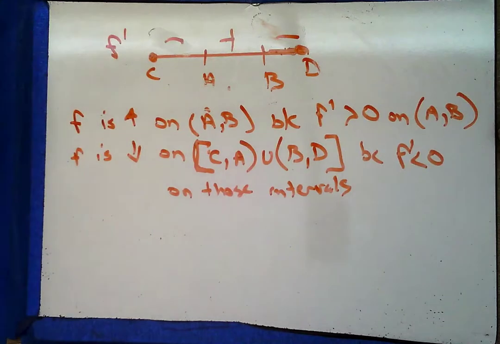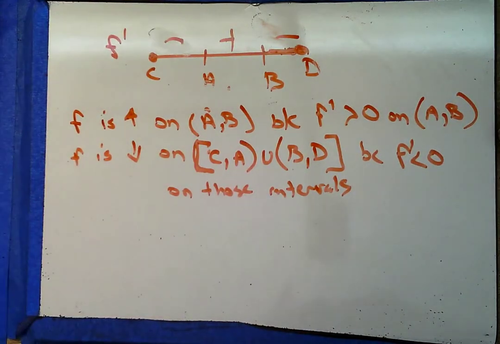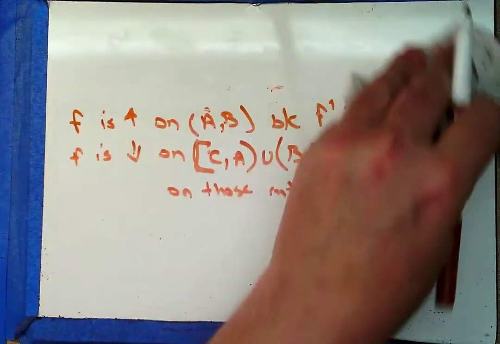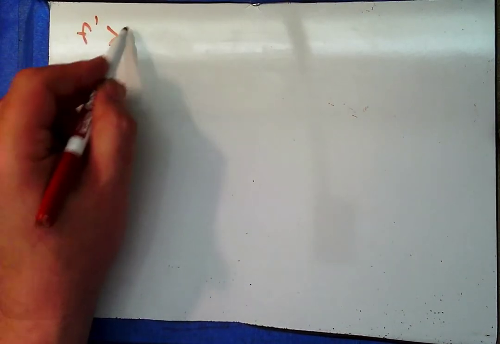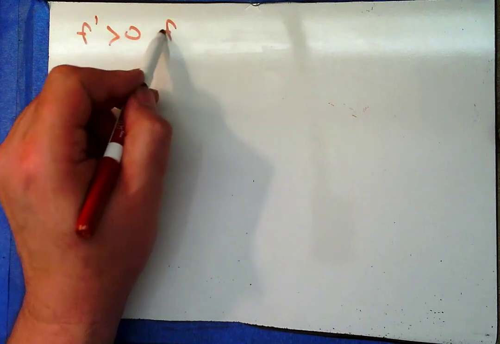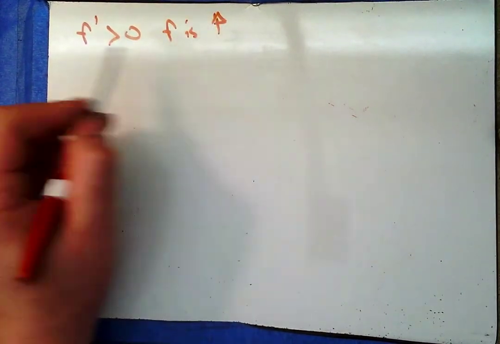Okay, so there's a bunch of stuff we get from the first derivative test. What does f double prime mean? Well, when we were talking about f prime, f prime greater than 0 tells me f is increasing.